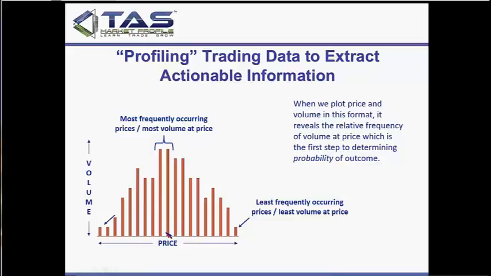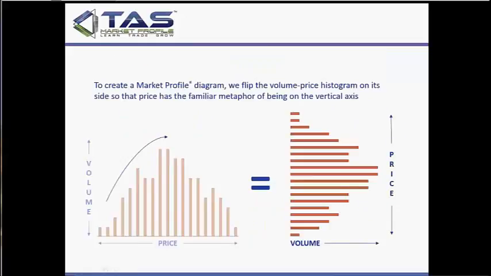But what we want to do is relate volume to price, and we also want to put it kind of in a familiar metaphor that you're used to. So what we want to do here is basically turn volume on its side and put price on that vertical axis. Okay? So this is basically the same picture that we had before.